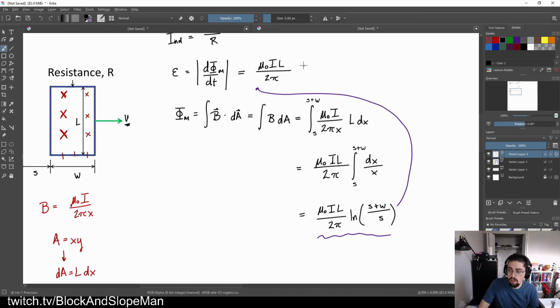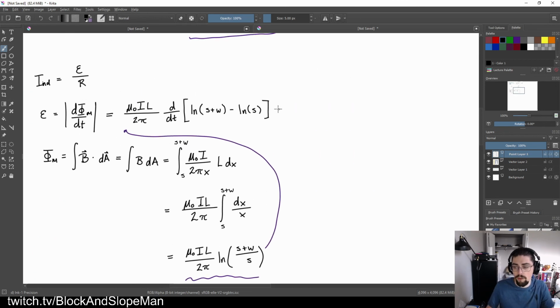Now I know my time derivative is going to be hitting s. So I'm going to simplify this a little bit. Let me break this natural log up into 2 terms again. And remember that v is the velocity of the loop as it's moving away. So the natural log of s plus w minus the natural log of s.